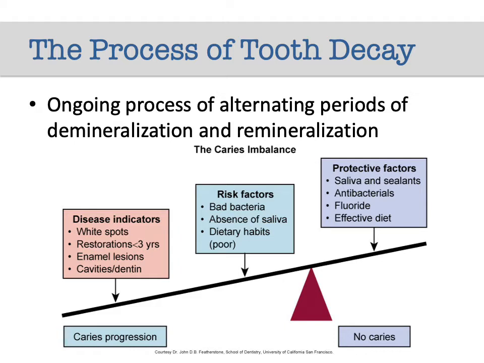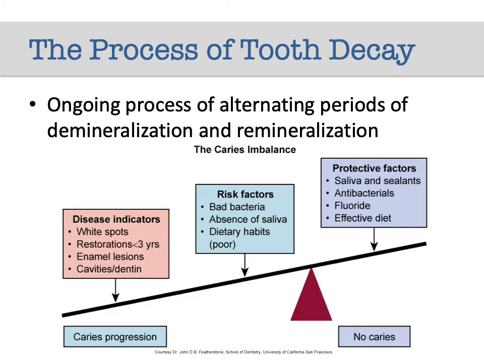What happens is we have a few different things that can lead to caries. First, we have disease indicators such as white spot lesions, restorations, enamel lesions, and cavities that are in the dentin. There are risk factors: having too much of the bad bacteria, an absence of saliva, so dry mouth, or poor dietary habits, so overabundance of sugary or carb-laden foods and drinks such as sodas and chips.